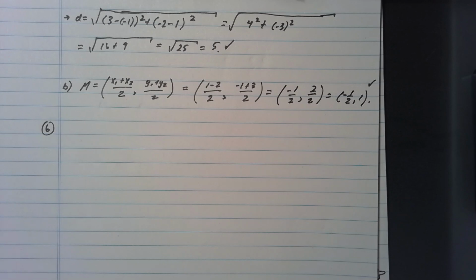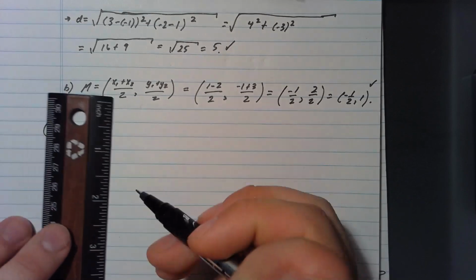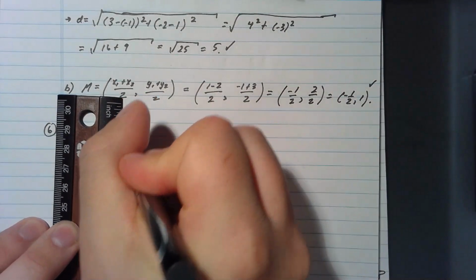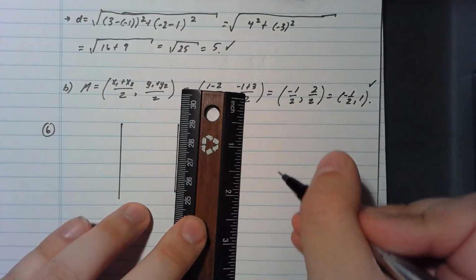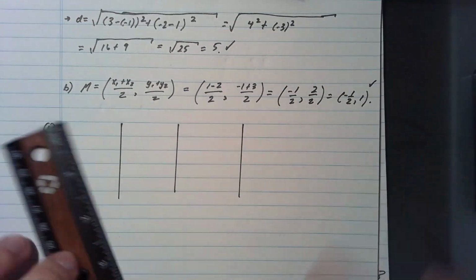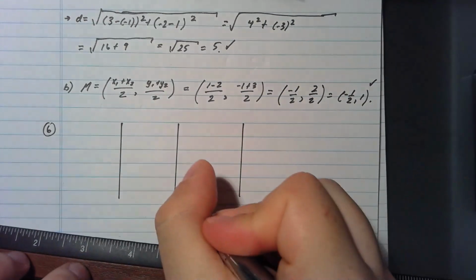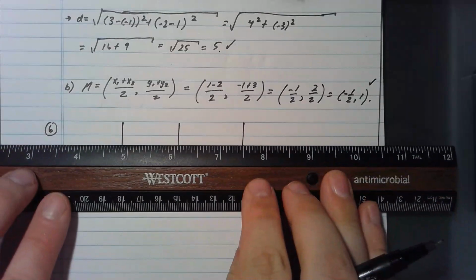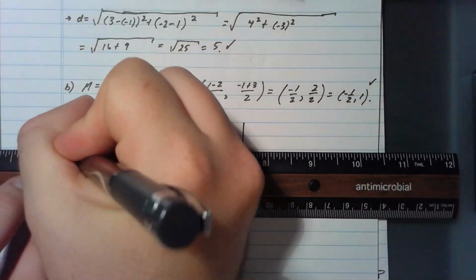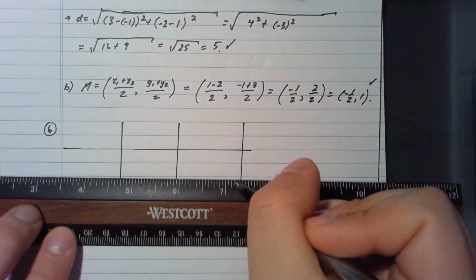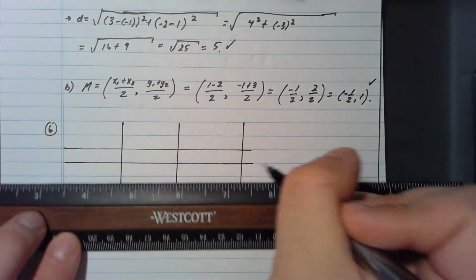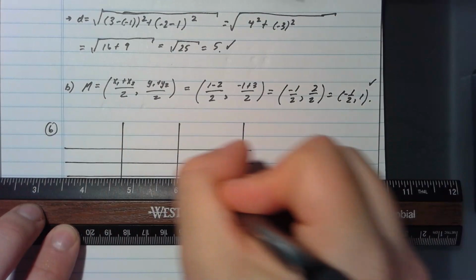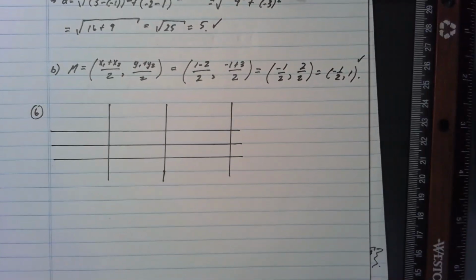So what you could do here is you could set up a table, right? It's not totally necessary, but personally I like setting up tables. I think they're a very nice way of organizing your information.